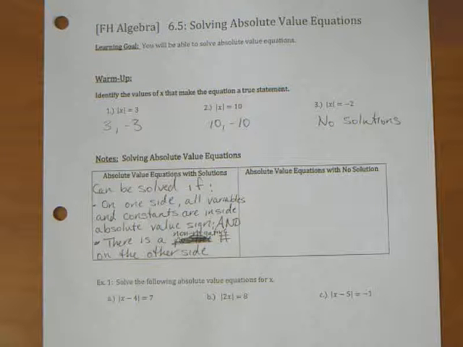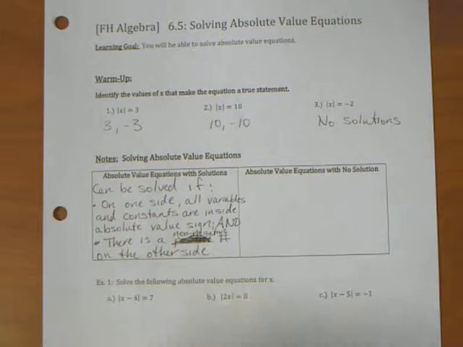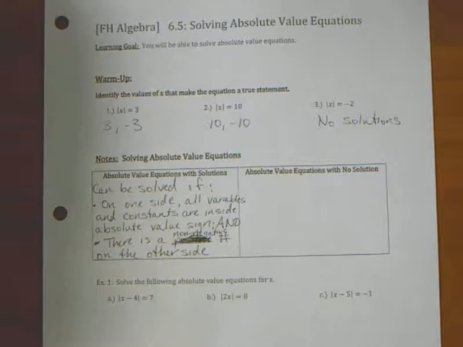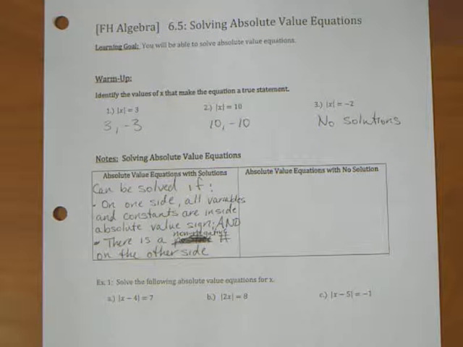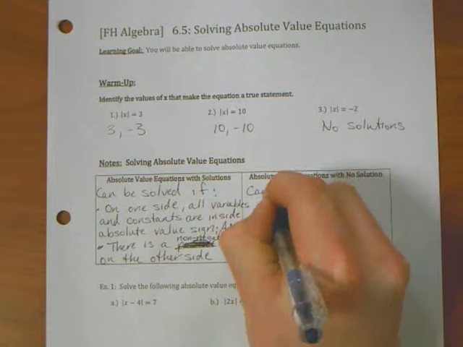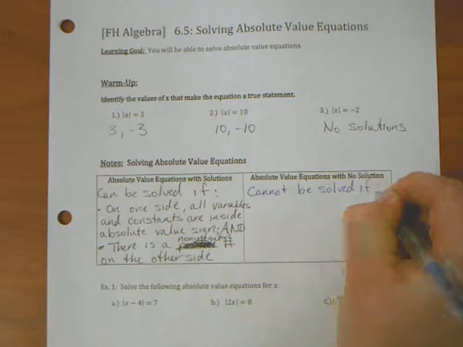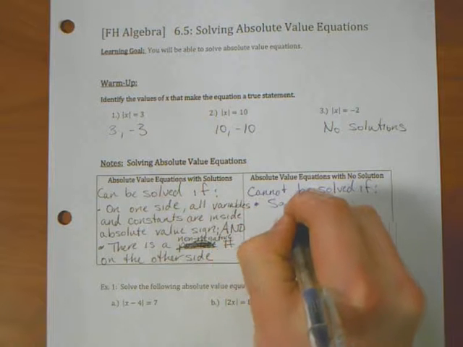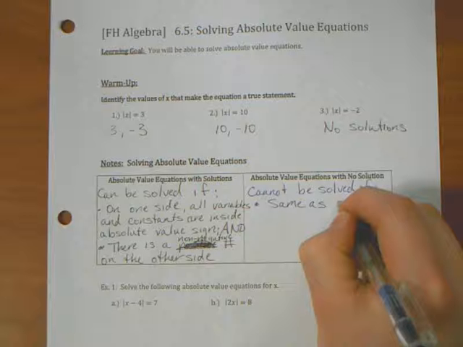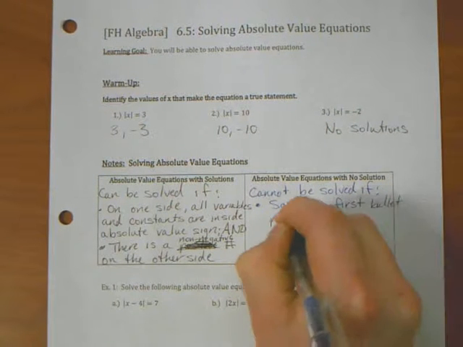Sure. Scott. So, if this is the criteria for absolute value equations with solutions, what do you think the criteria is for absolute value equations with no solutions? Yeah, so this cannot be solved if, I'm going to just write same as first bullet point.